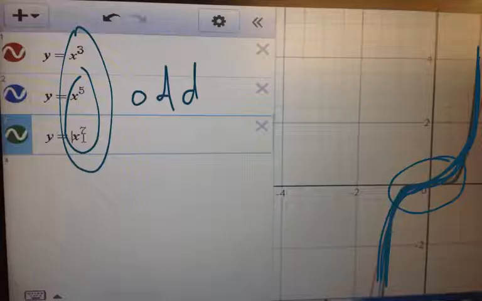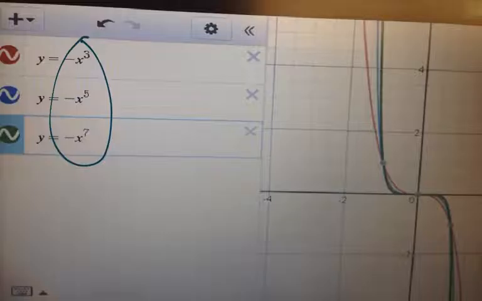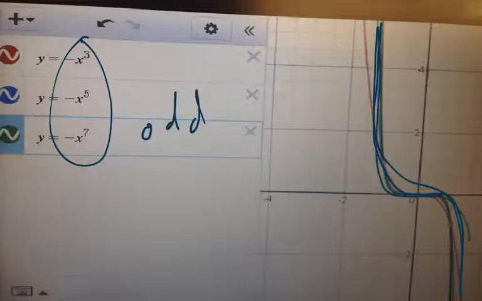But all odd functions have that same snaky or wavy shape. Whereas, notice this one, they're negative odd functions, they'll have the same shape, they'll just go the other way. So if you understand that, guys, then it's going to make your graphing a lot easier to understand.